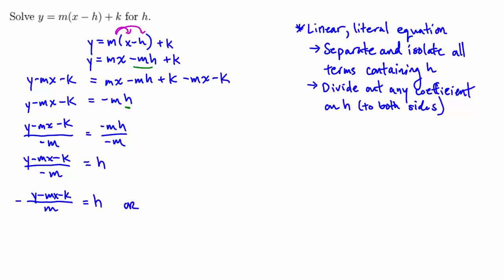Or, if I really wanted to, I could move that negative to the numerator and do the negative of y minus mx minus k all over m, and that could actually simplify one step further to be negative y plus mx plus k all over m. All of these last three are considered fully simplified.